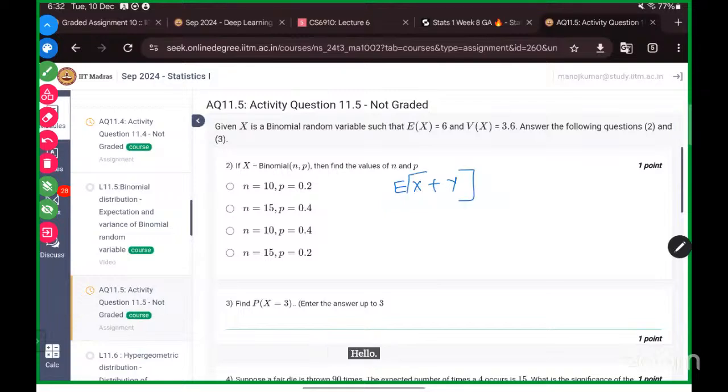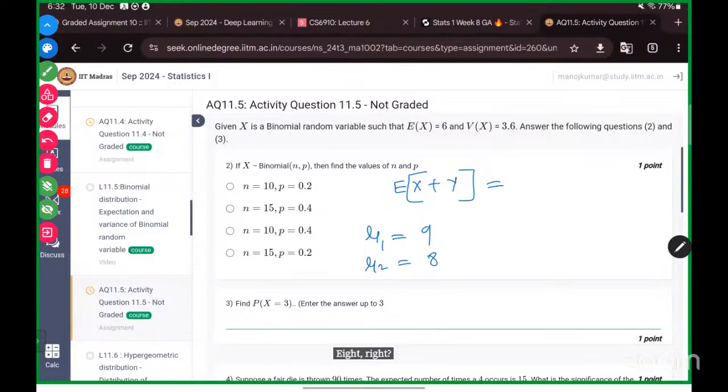Okay, so just let's say, take one thing: mu1, which is 9. Let's say mu2 is 8, right?